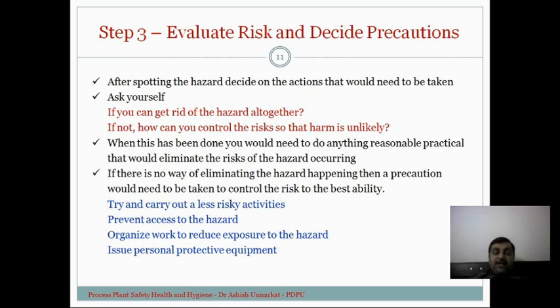Whether it is a very high risk, a very low risk, or a medium risk, if at all it is there, what should be done? So the very first question that you ask yourself is, can I get rid of this? If not, what are the precautions that I have to take?